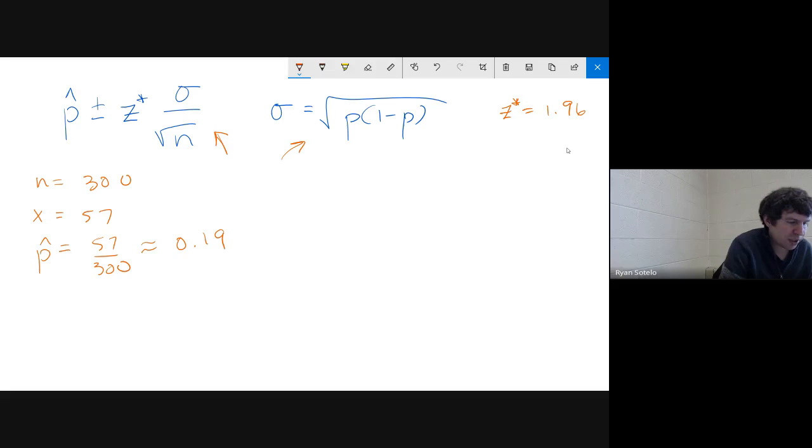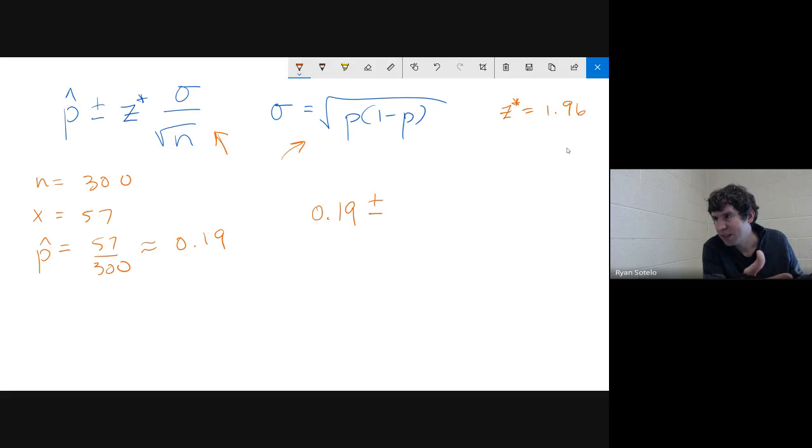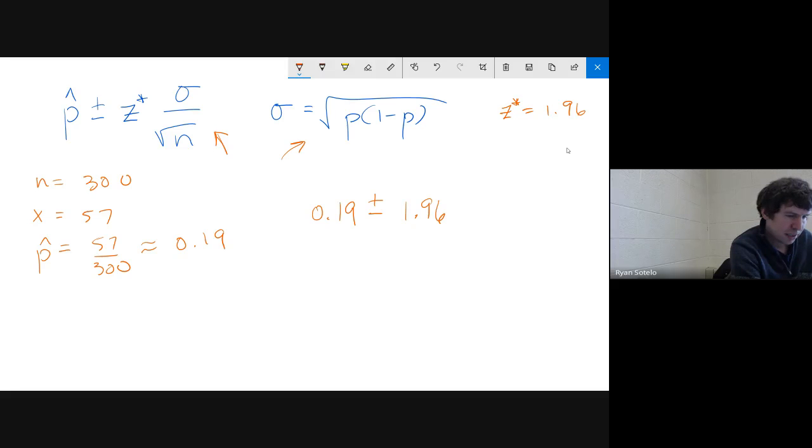So I just put in the 0.19. That's the high end. We're doing a confidence interval, so we want an interval. So it's going to be 1.96 times the square root of 0.19 times 1 minus that, 0.81, all over 300.